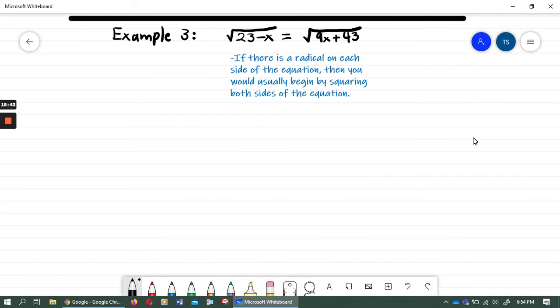So, folks, when we square both sides of the equation, we would still expect the inverse operations of squaring and square rooting to cancel each other out.